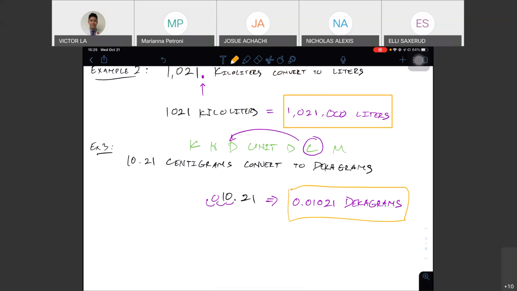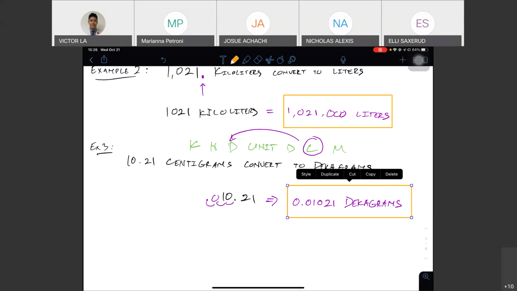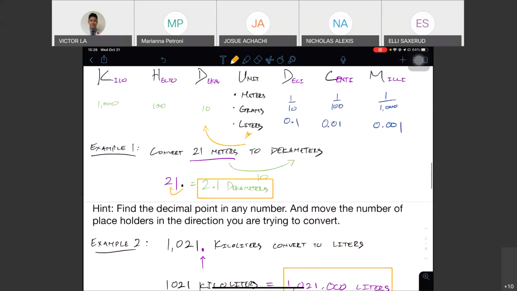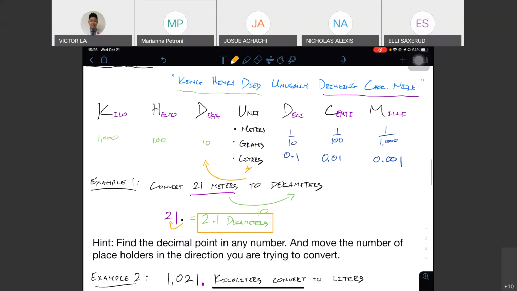Now, what's important about this? Here's a little hint I like to give people, so you know that you're on the right track of doing these problems correctly. Because these are supposed to be easy problems. Notice that if you move from kilo all the way to milli, the values are decreasing, right?